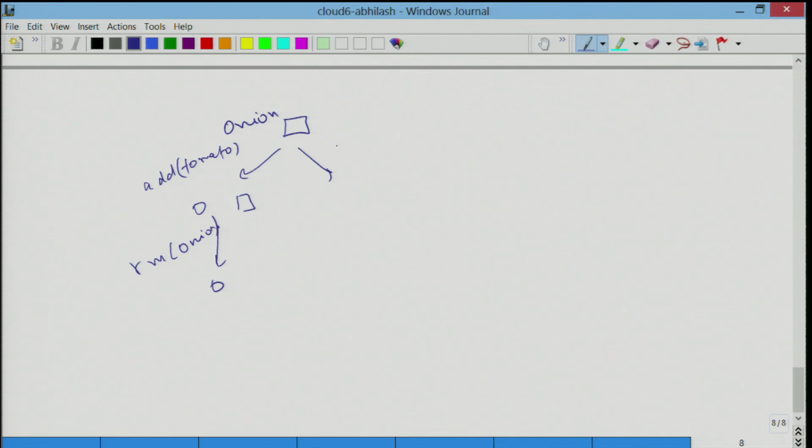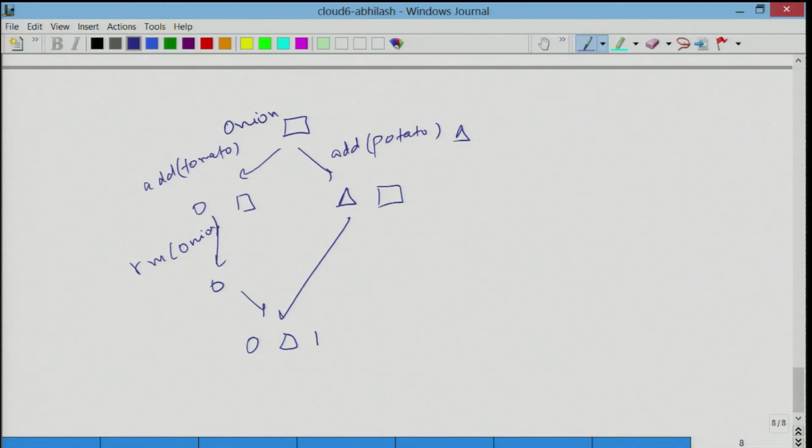On the other side, I add a potato, which is triangle. So I have now a potato and an onion, right? And I try to merge. So far, we have discussed the way to merge a shopping cart is just to take a set union, right?